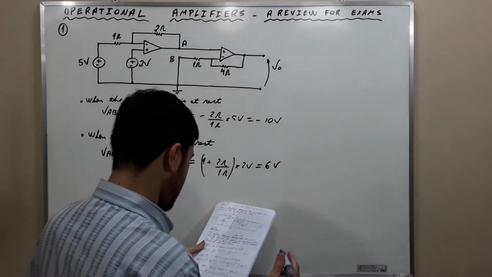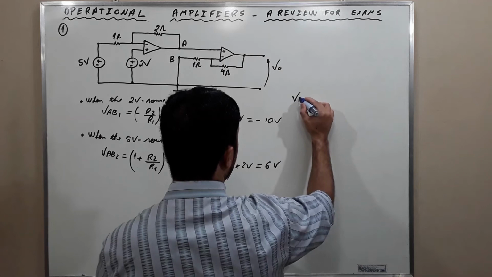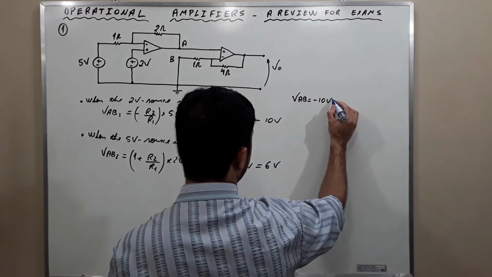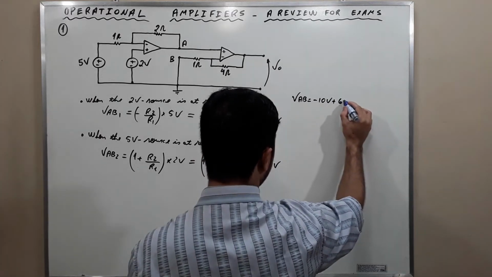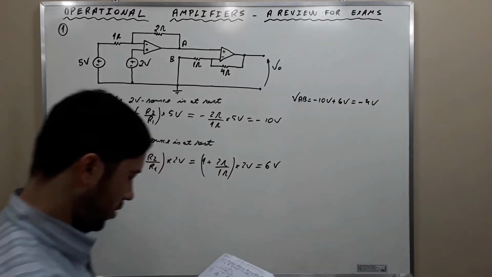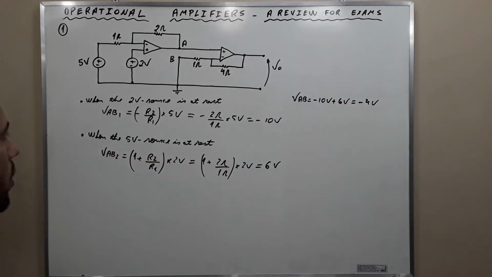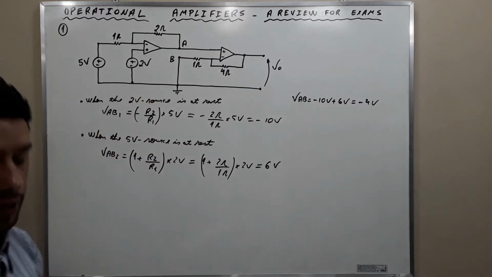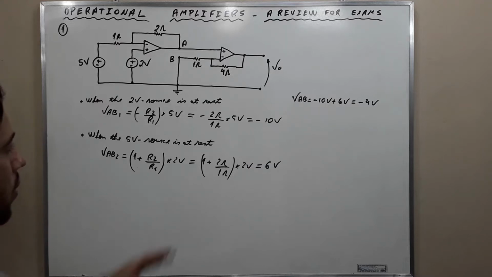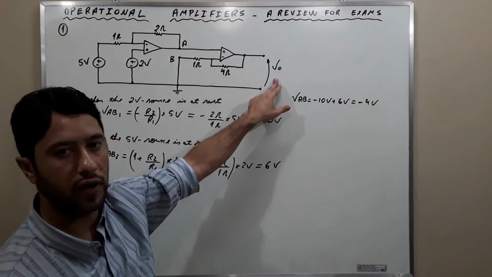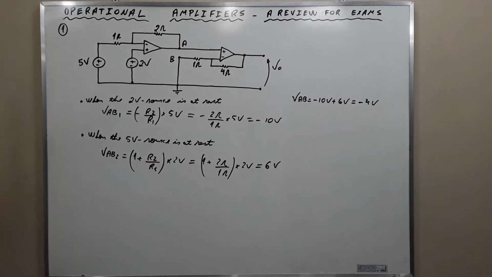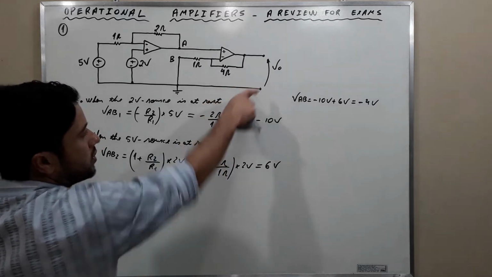Then VAB is equal to negative 10 volts plus 6 volts, and this is equal to negative 4 volts, okay? Now we know the voltage between points A and B. With this result, we can calculate the output voltage. Now, we are interested in VO, the output voltage. And this last result, VAB, enables us to calculate VO.